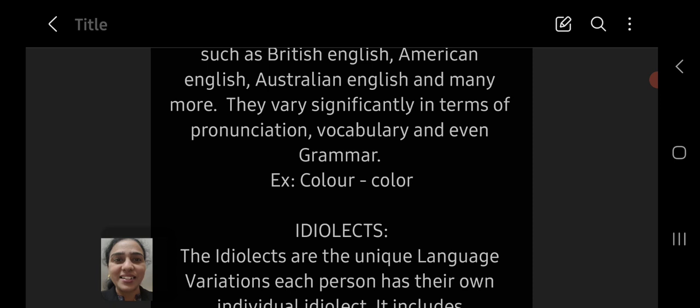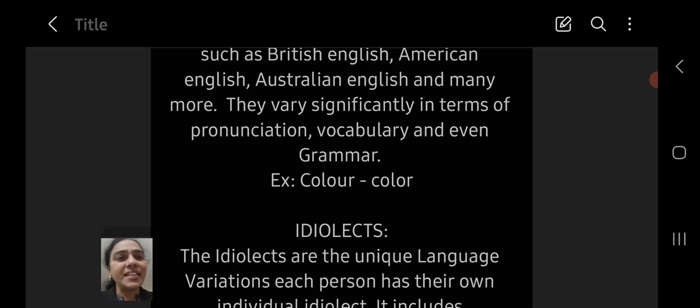COLOR is also correct. COLOUR is also correct. But whatever is fed into the computer, whether US English or UK English, will determine which spelling it accepts. This is called a dialect.